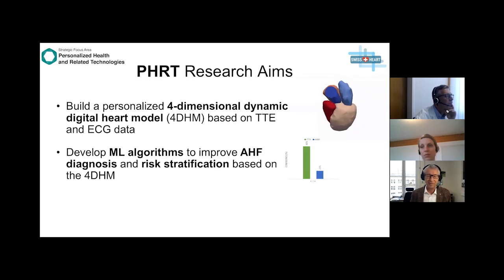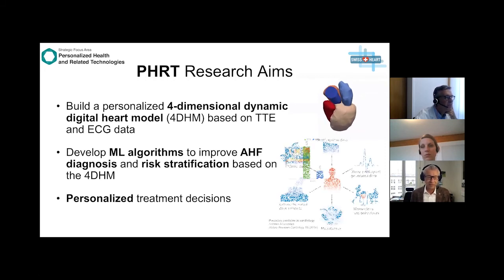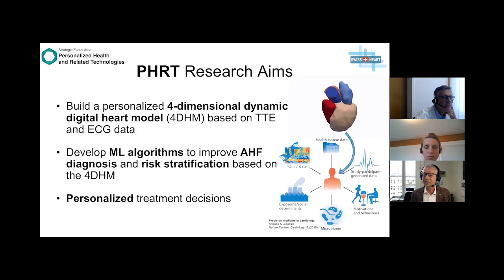Machine learning algorithms are supposed to improve acute heart failure diagnosis and risk stratification. And finally, we want to personalize that information to get better decisions for the patient. So the geometry should influence, in the end, the personalized treatment.